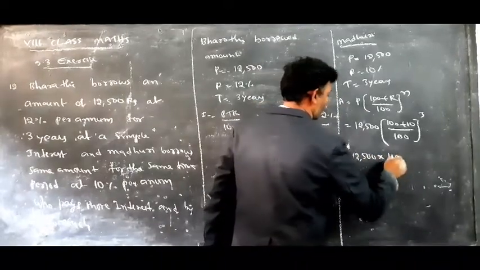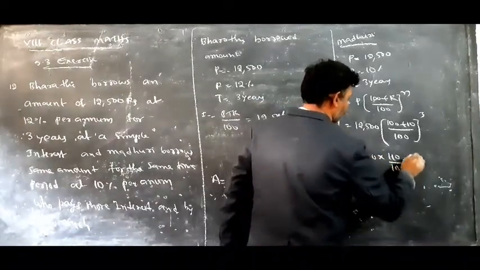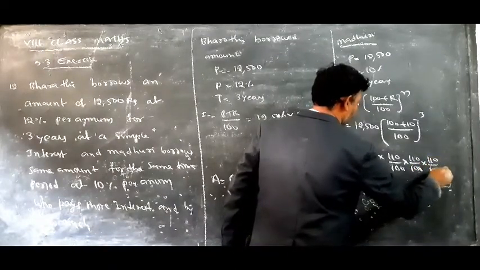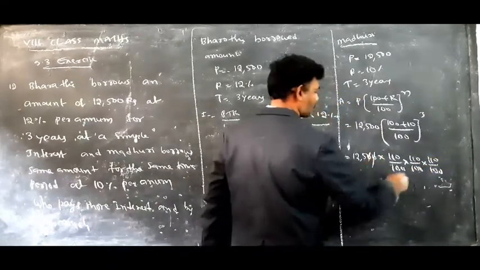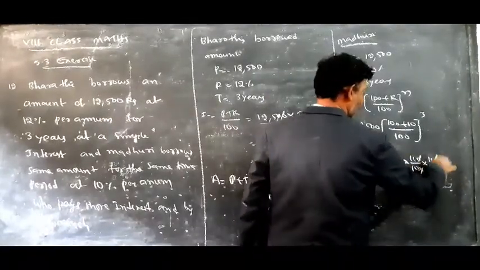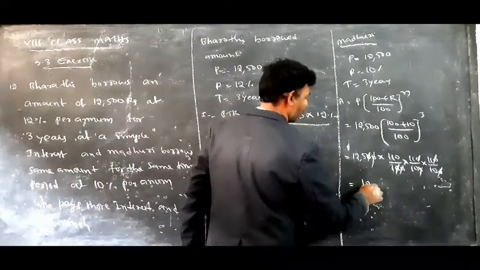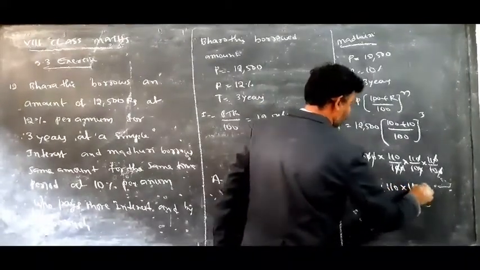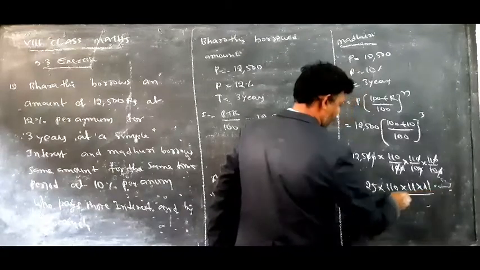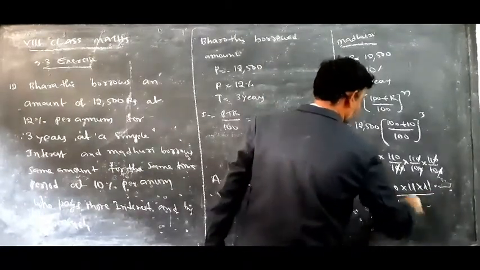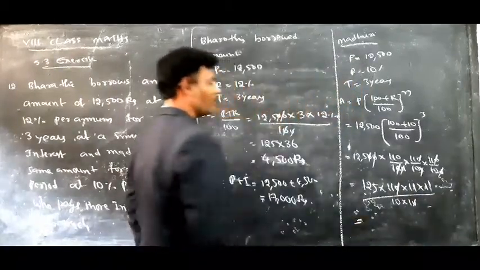That is 12,500 into 110 by 100 into 110 by 100 into 110 by 100. Cancelling zeros, the remaining is 125 into 110 into 11 into 11 by 10 into 10. You have to do the calculation.